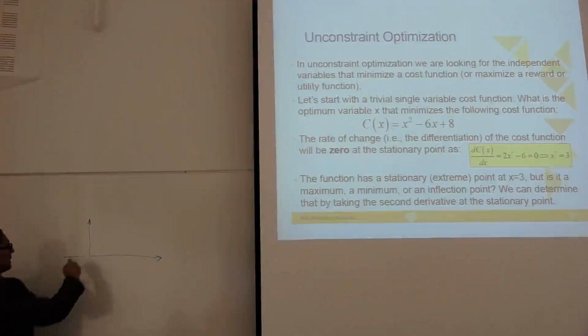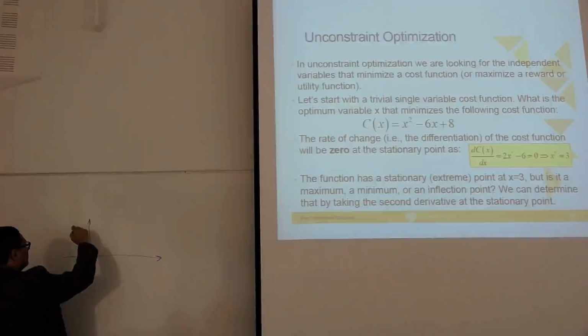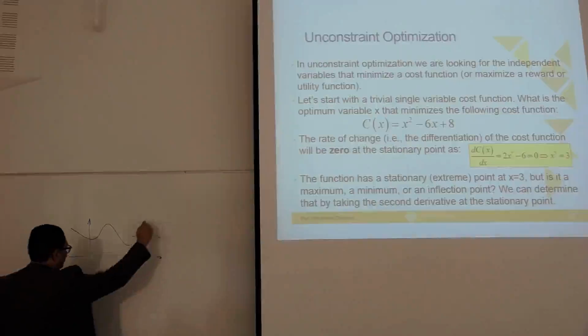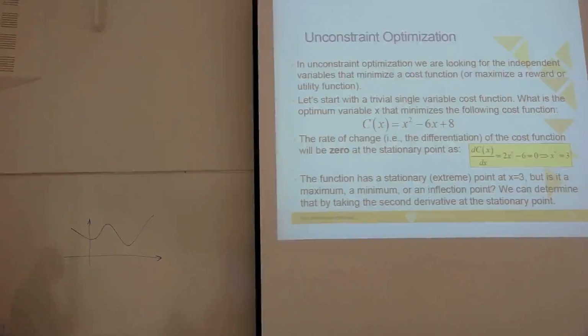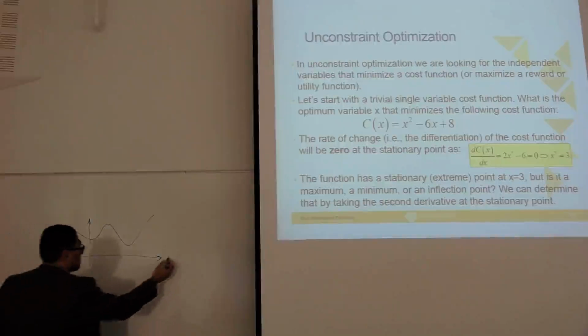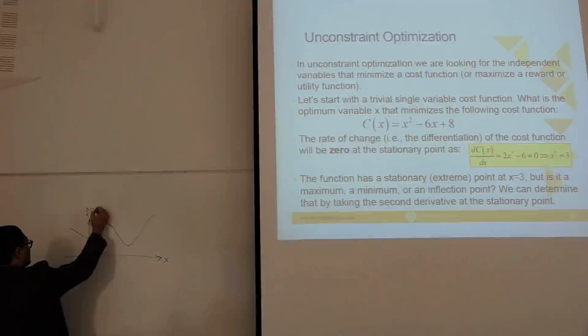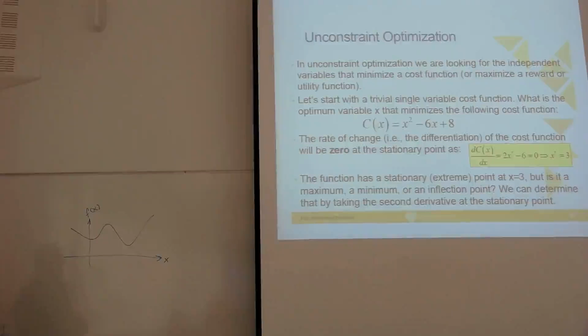So if we have just a simple cost function, like this one, for example, we have here the extreme points, also called stationary points.